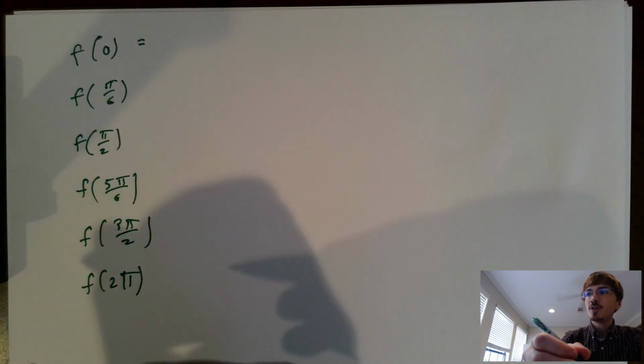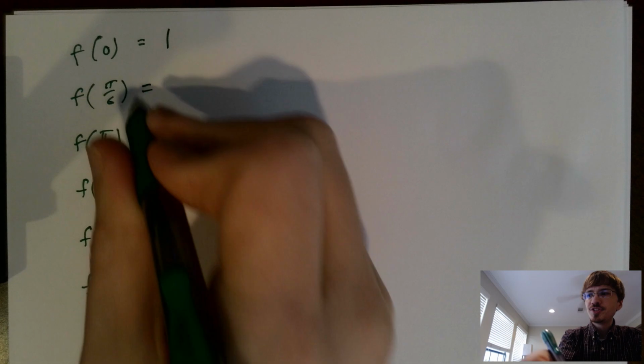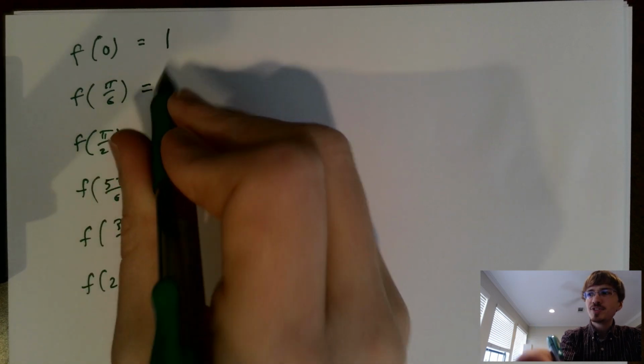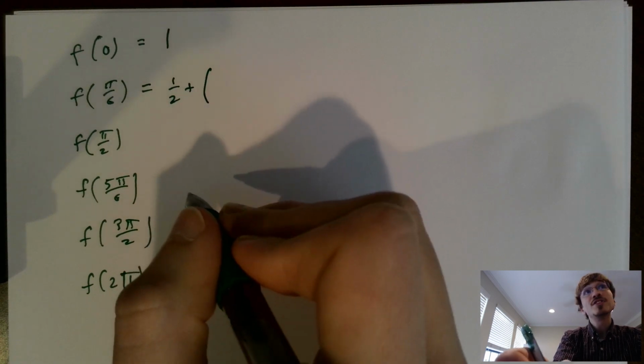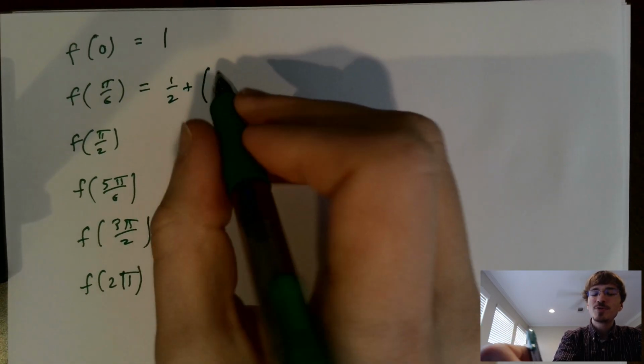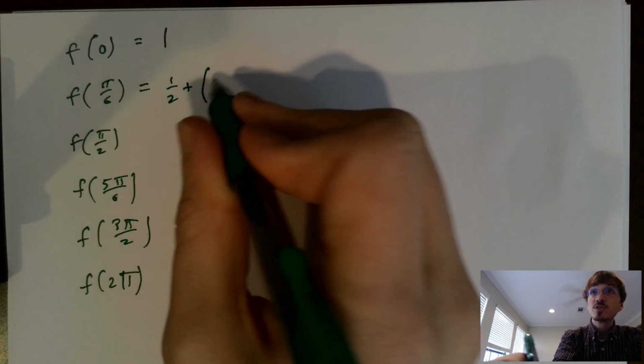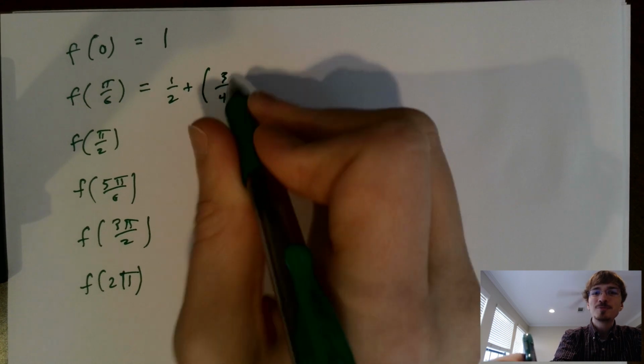So f of 0, I think, is 1. f of pi over 6: sine pi over 6 is 1/2, cosine pi over 6 is square root of 3 over 2, squared is going to be 3 over 4.